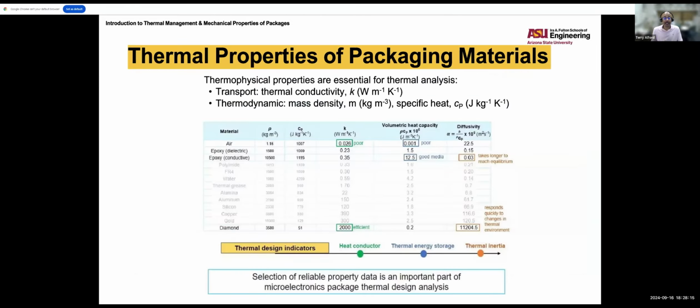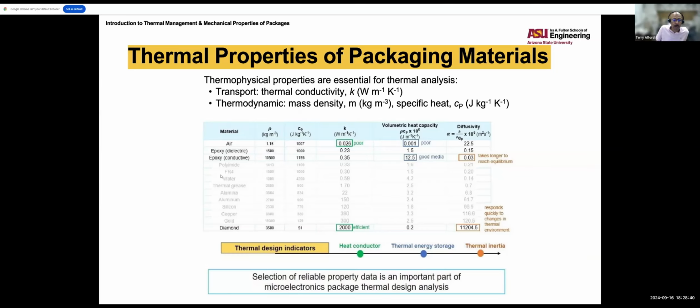So let's look at some of these properties. Over here, I have some materials ranging from diamond, some metals, semiconductor, ceramic, polymer, water, fire retardant.